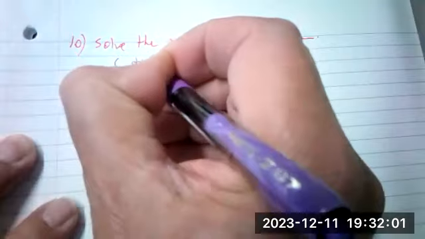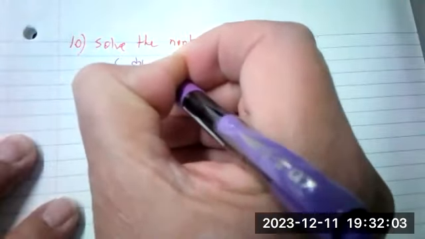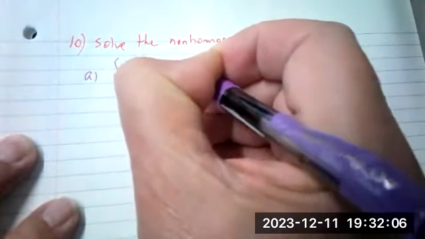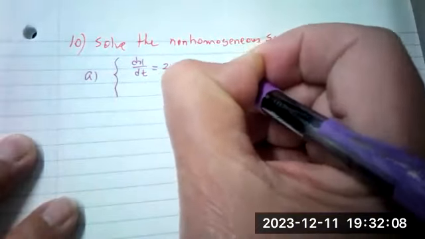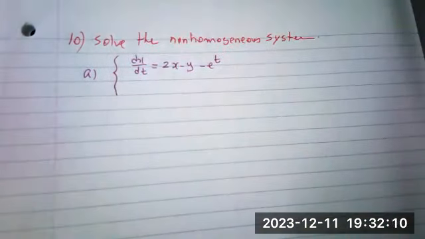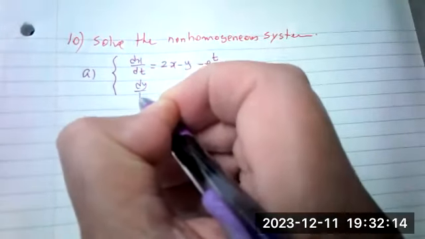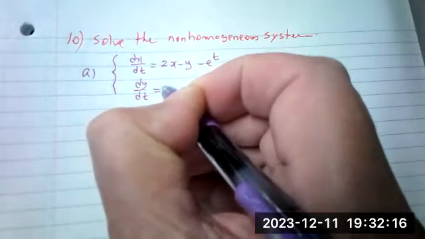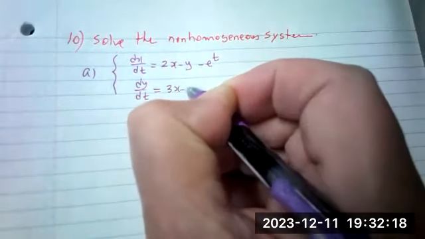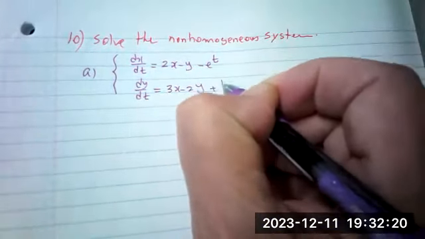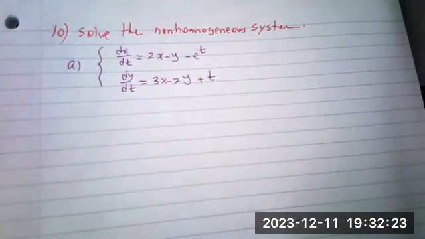We have dx/dt equal to 2x minus y minus e to the t. So non-homogeneous, we have an extra term. And we have dy/dt equal to 3x minus 2y plus t.